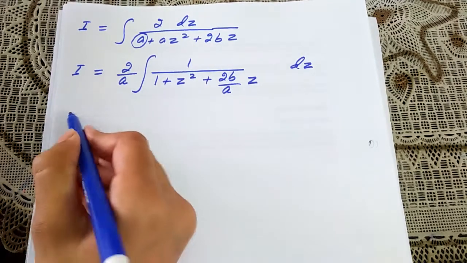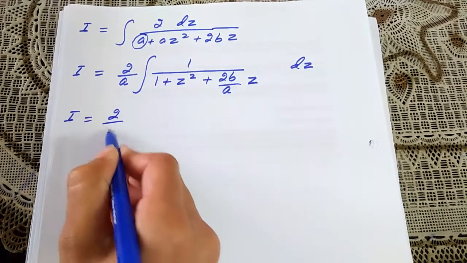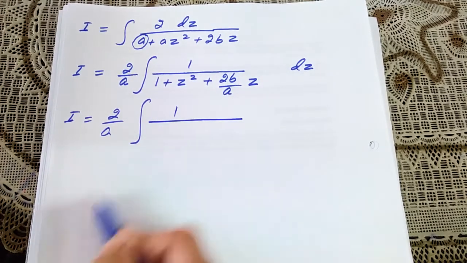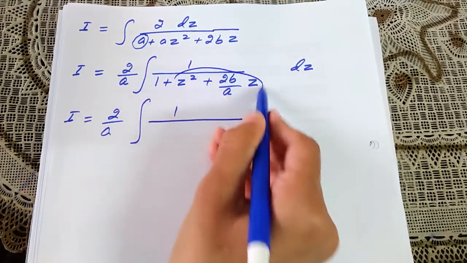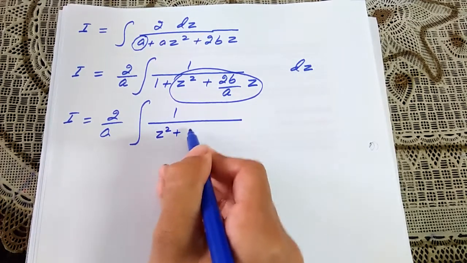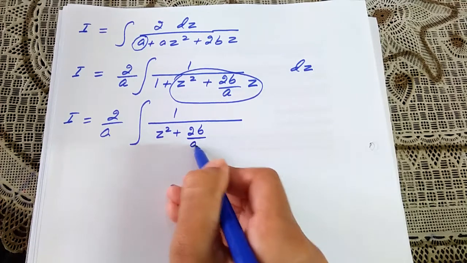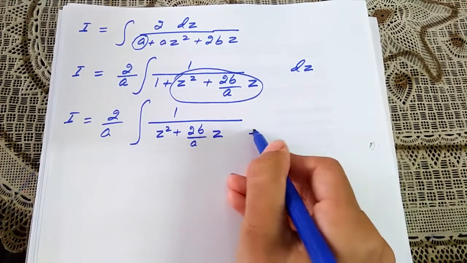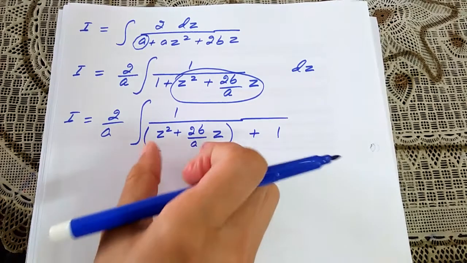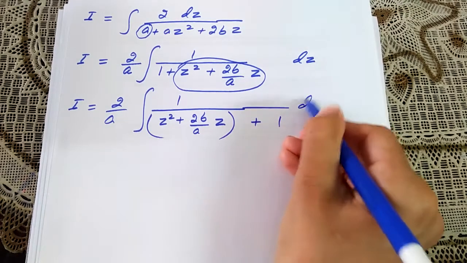Now I will use my completing square method here. This will be 1 over. I am separating these two terms. This term I can write separately, z square plus 2b over a z, and plus 1 separately. Now I need to complete its square here.